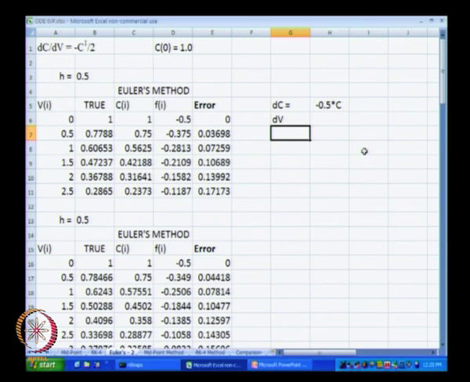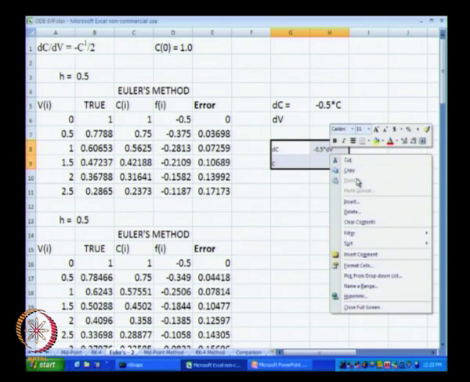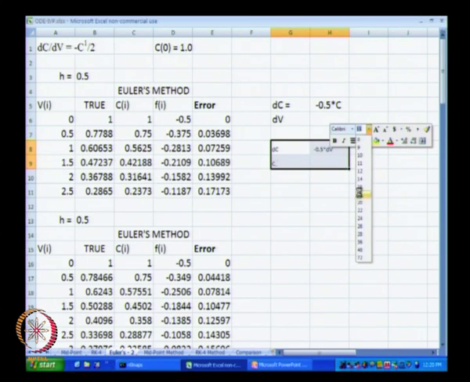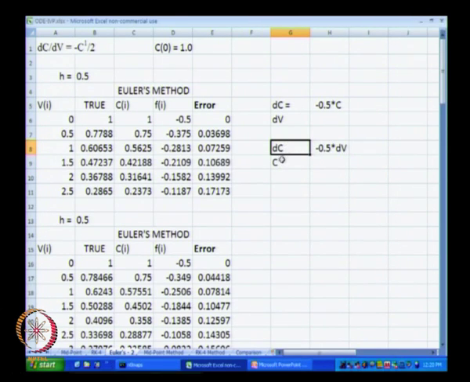So what we can do is, we can write this as dC divided by C is going to be equal to minus 0.5 into dV. And when we integrate this, we are going to get ln of C equal to minus 0.5 into V, integrating from 0 to V and from CA0 to CA.